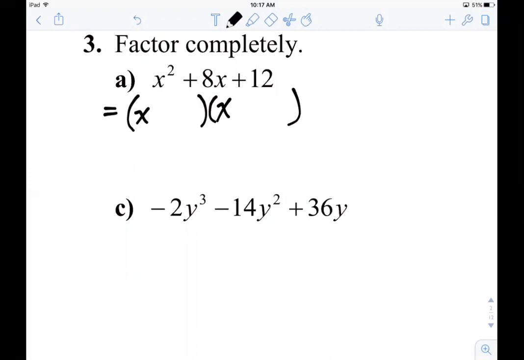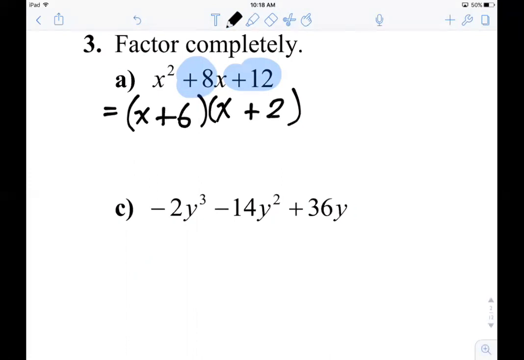So we know that each of these starts with just an x, and now we need to find the second piece in each bracket. The second pieces are going to be two numbers that multiply to give our final term, positive 12, but add up to give our middle term of positive 8. If you play around enough with the different things that multiply to 12, you'll eventually realize that 6 and 2 also happen to add up to 8.